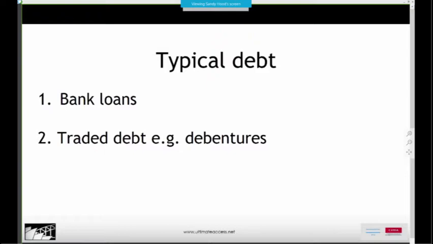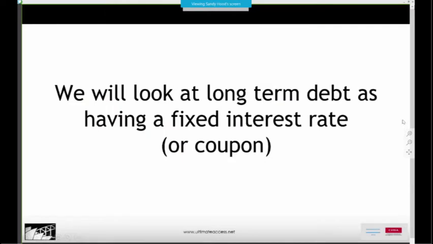Incidentally, in the FIS case study, I think it looks like it's probably more bank loans. But we're going to focus on traded debt within the context of this set of slides. And when we come to FIS, I will look at it slightly differently in the context of bank loans.